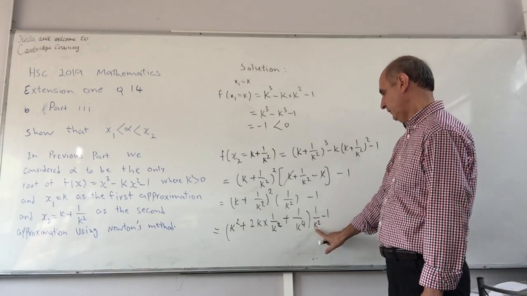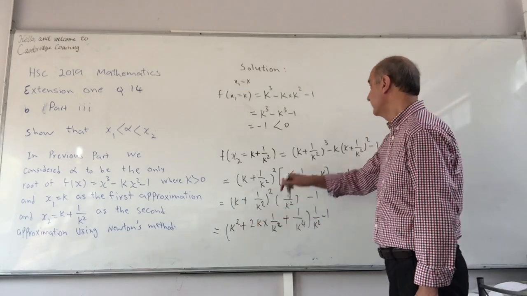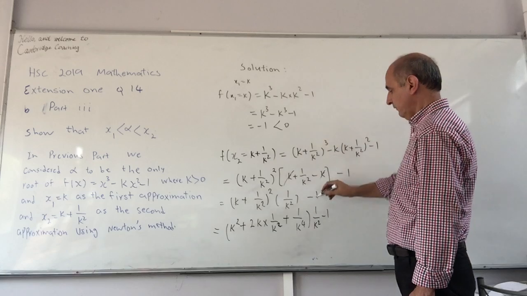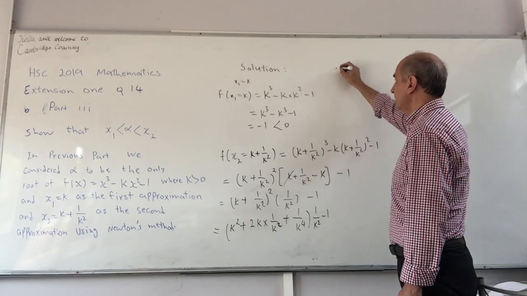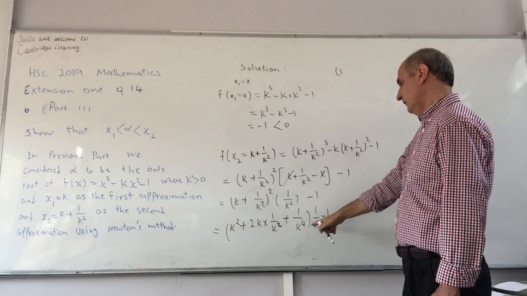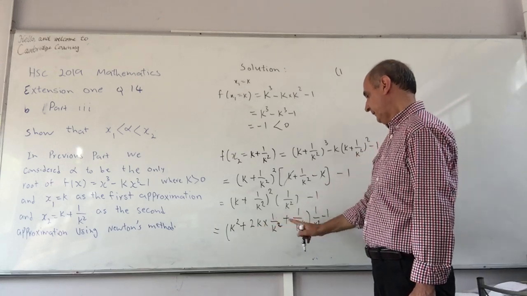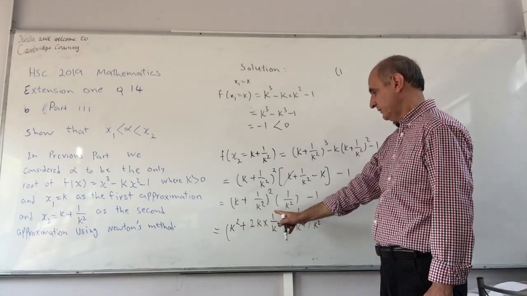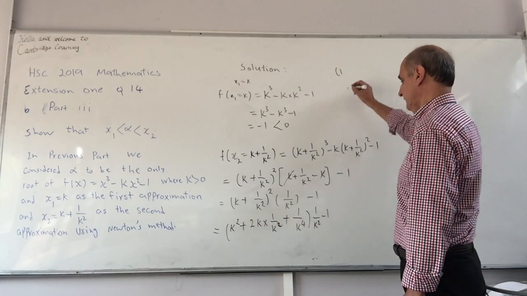Now, if I multiply this by everything in the bracket, I get 1 on k squared times k squared just becomes 1. 1 on k squared and 1 on k squared, these two cancel out, so we end up with 2k here.